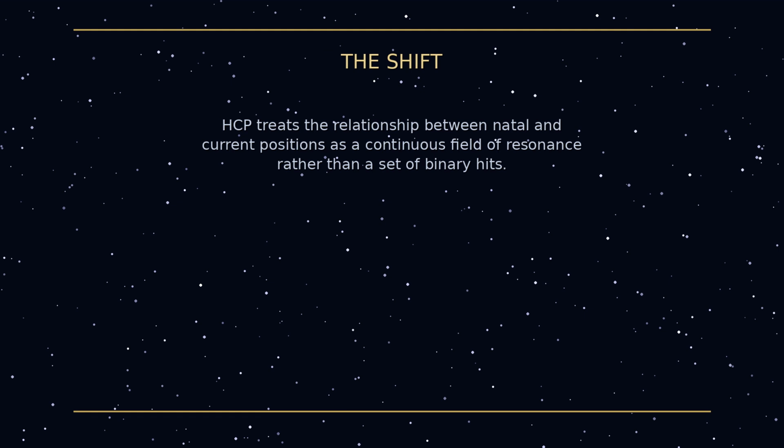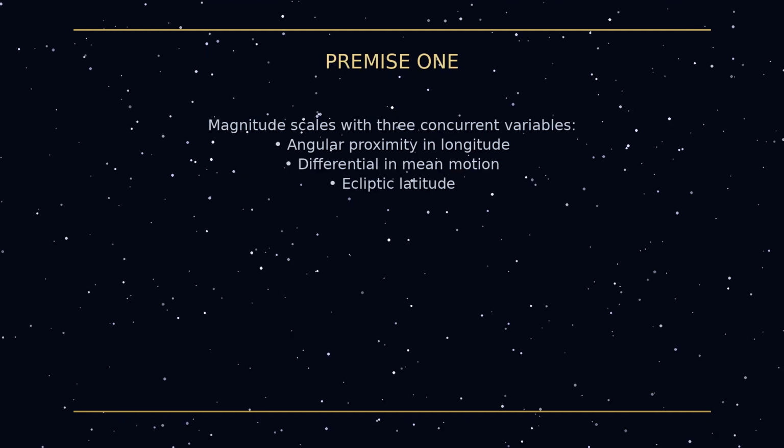A planet stationing at high latitude near a natal sensitive point carries substantially more weight than a fast-moving body at zero latitude, forming a geometrically perfect opposition. Second, the most potent connections are harmonic rather than merely angular. Classical aspects, the conjunction, opposition, trine, square, and sextile, are special cases of integer frequency ratios.